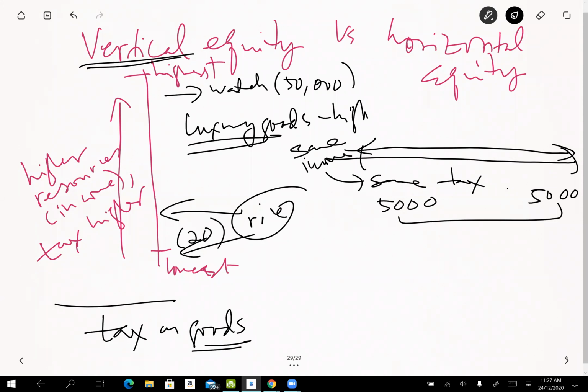I think it's automatically fair: I have the same income, so I pay the same tax. This is probably more applicable to income tax. In terms of the excise tax or the price tax, I don't think it makes much effect. But this concept of equity, vertical equity, is important.